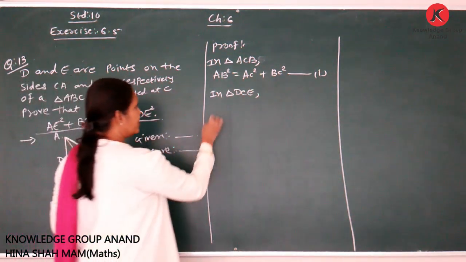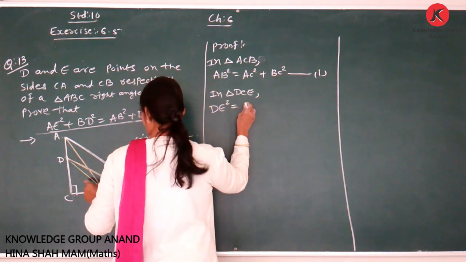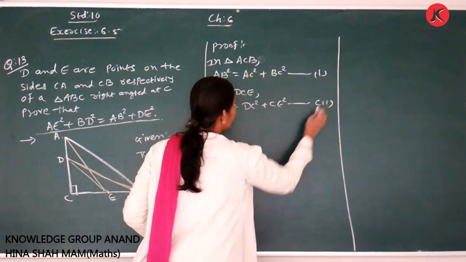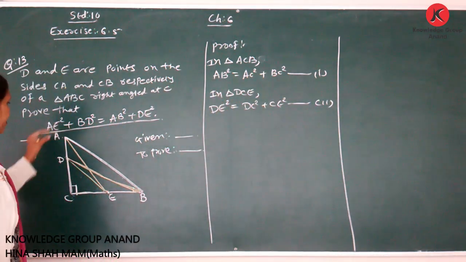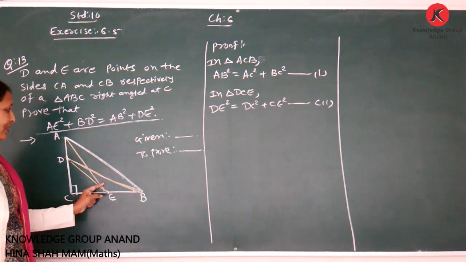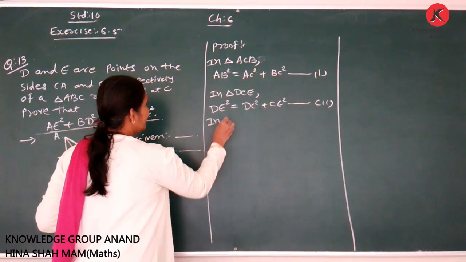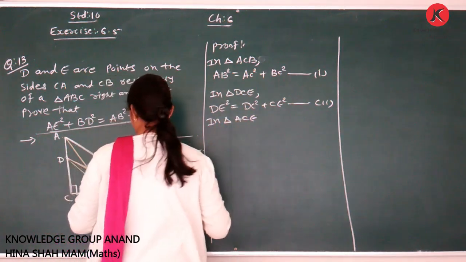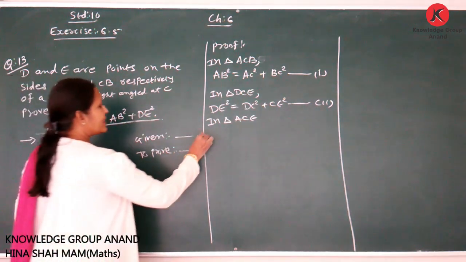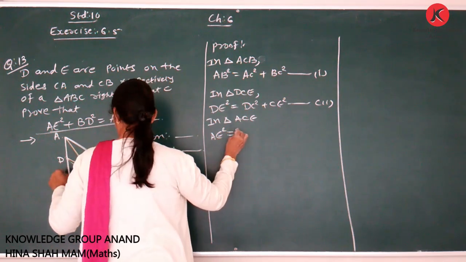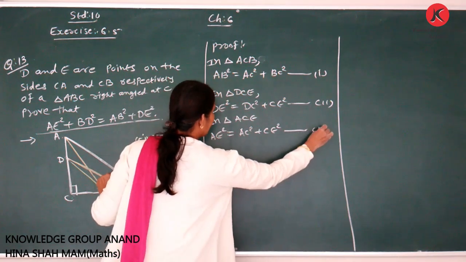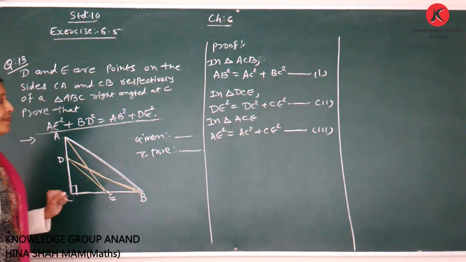DE square is equal to DC square plus CE square, result number 2. Third, we want here AE, for triangle ACE, AE square is equal to AC square plus CE square. It is result number 3.